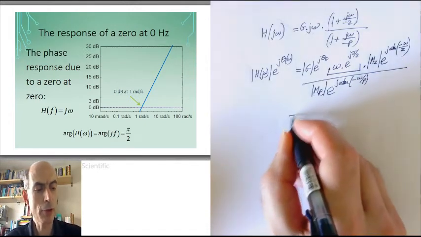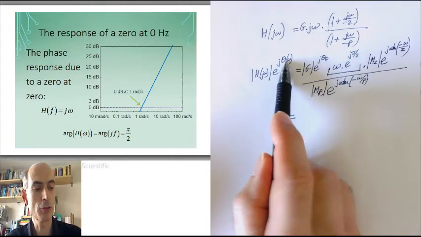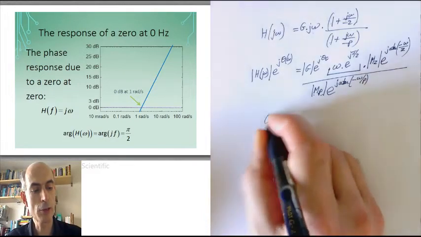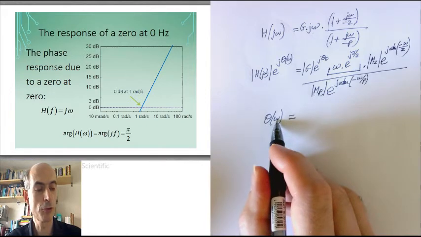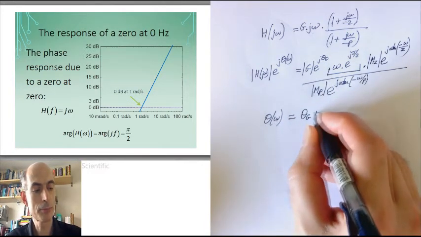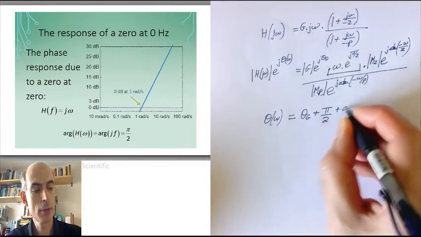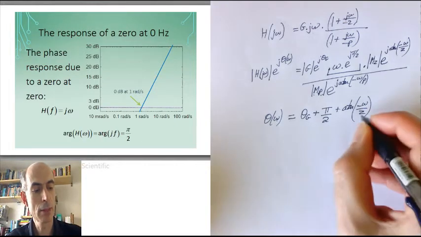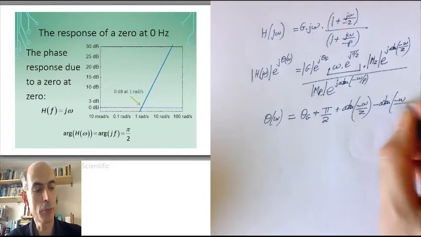Now, if I just equate the phase of the left-hand side of this equation with the phase of the right-hand side of this equation, I would get theta of omega, that's the phase response, is the phase of g plus pi over 2 plus the arctangent of minus omega over z minus the arctangent of minus omega over p.